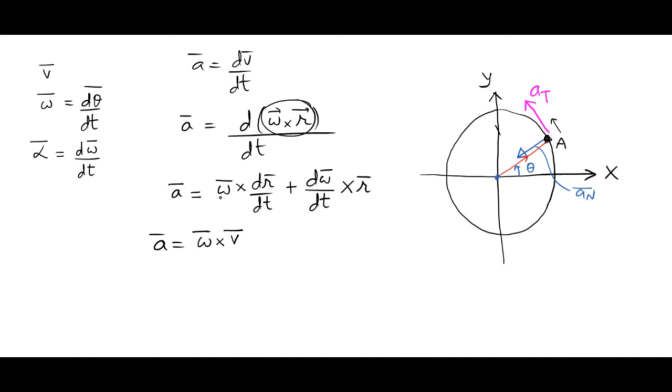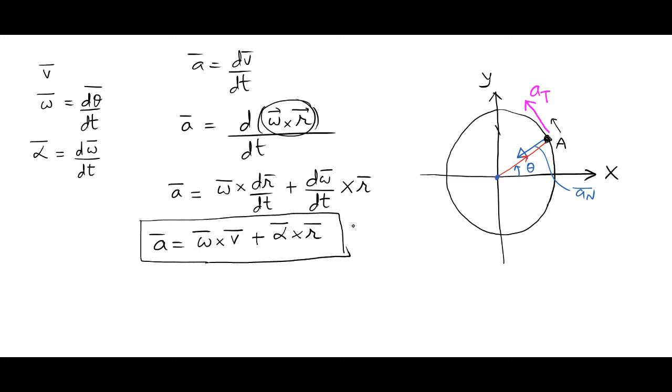This is something that we have done in kinematics of particles in the very beginning, plus d omega bar by dt is alpha bar, the angular acceleration. So I just write that alpha bar cross r bar, and that's a formula that you have got for the total acceleration of this particle.